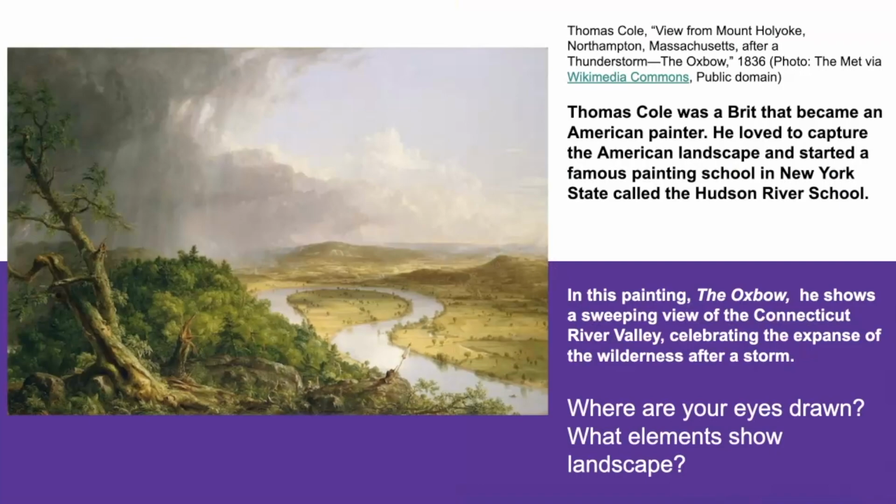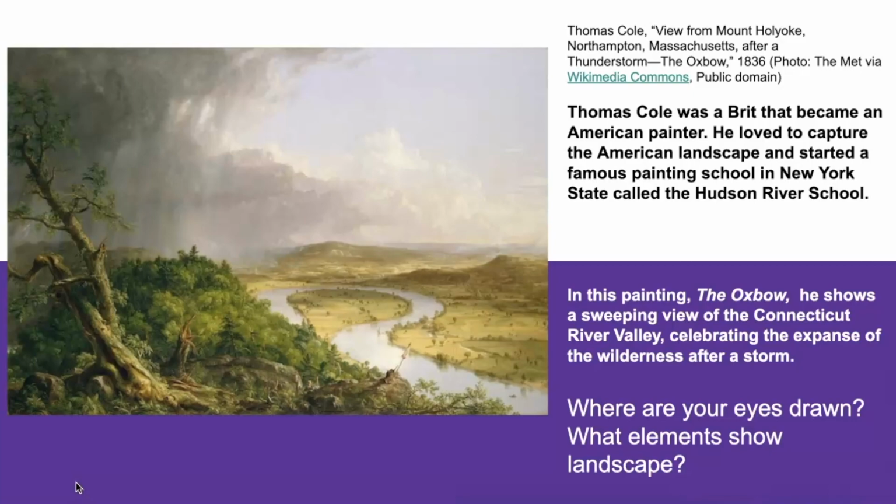Here's another really good example. This is by Thomas Cole, and it's called View from Mount Holyoke, Northampton, Massachusetts, after a thunderstorm, the Oxbow, and it's from 1836. He loved to capture the American landscape, and he started a very famous painting school in New York State called the Hudson River School.